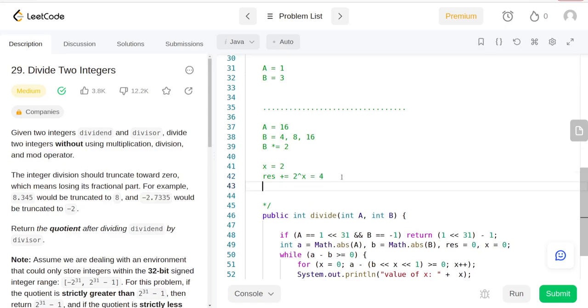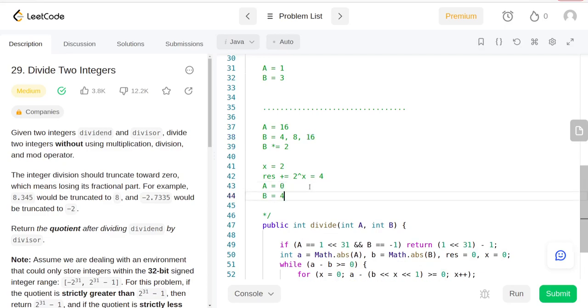Now the next thing is that a is going to become equal to 16 minus 2 factor of that one, so that is going to make it 0. So now the a and b stays the same as 4. We won't process it again because a is less than b now.